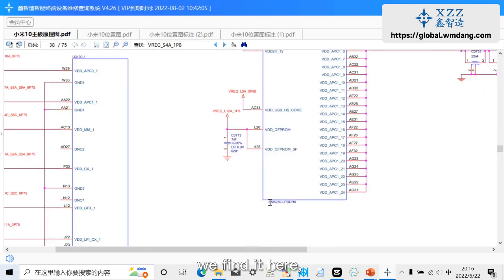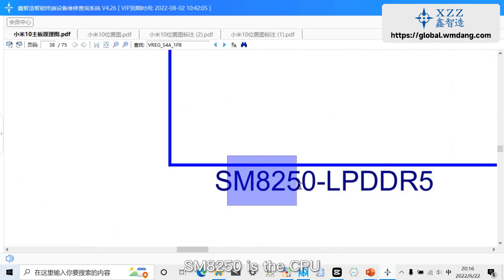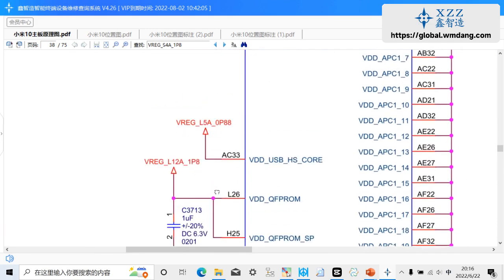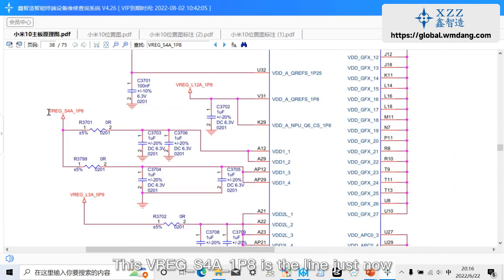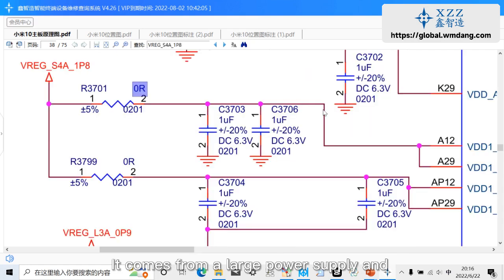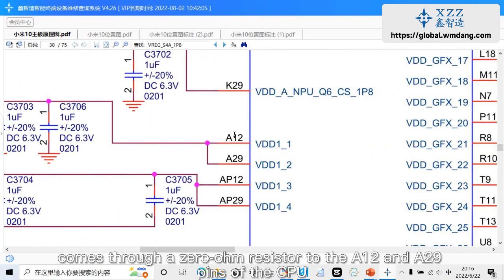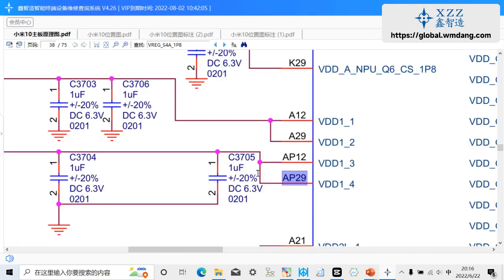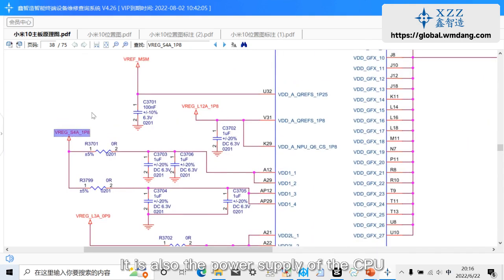We find it here. SM8250 is the CPU. This VREG_S4A_1P8 is the one we just traced. It comes from the large power supply and comes through a 0-ohm resistor to the A12 and A29 pins of the CPU. It is also the power supply of the CPU.